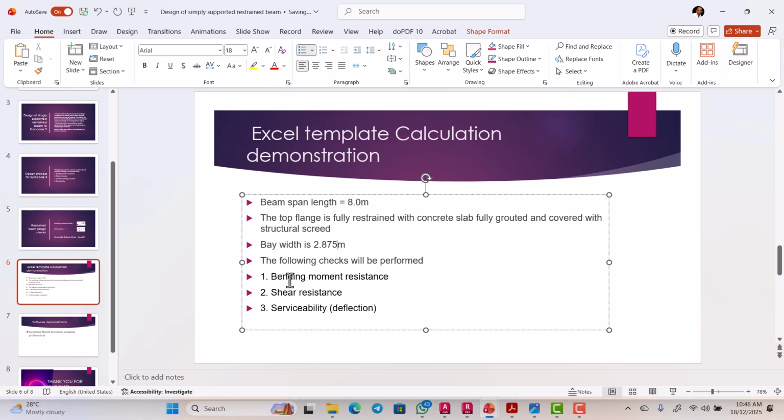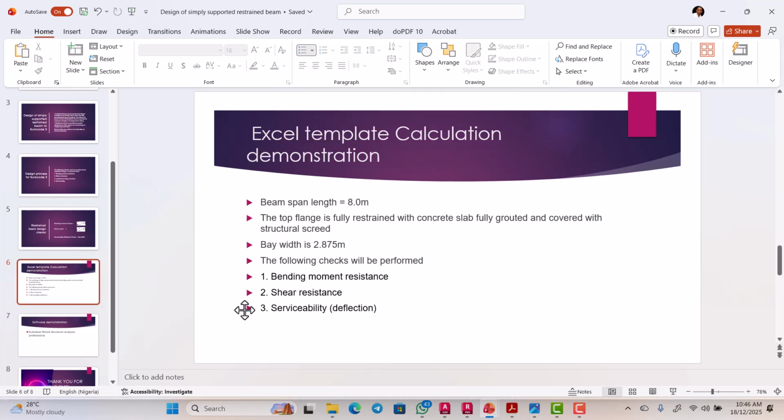Number one, we are going to perform the bending moment resistance check. Number two, we are going to consider the shear resistance. Then we will look at the serviceability, which has to do with the deflection.